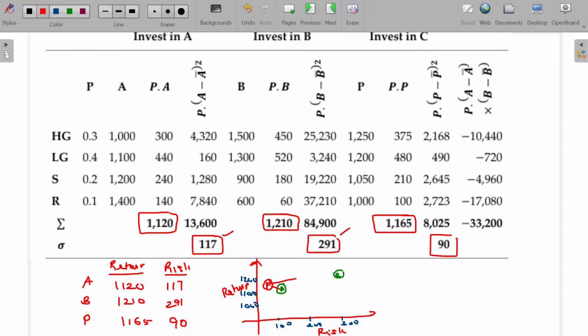If you connect all these dots, the dot that moves closer to the y-axis will be less risky, and the dot that moves away from the x-axis will be the more returnable one. Don't blindly invest in A, which is giving you less return and is a bit more risky than the portfolio. In case of the portfolio, its return is more than A's return, but risk is less than A. Then you have to go for the portfolio only. So the portfolio is the matter.